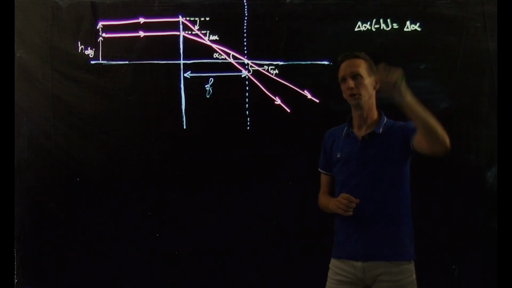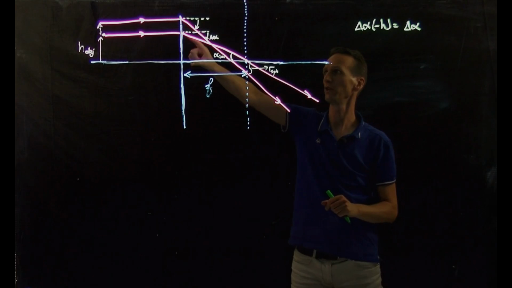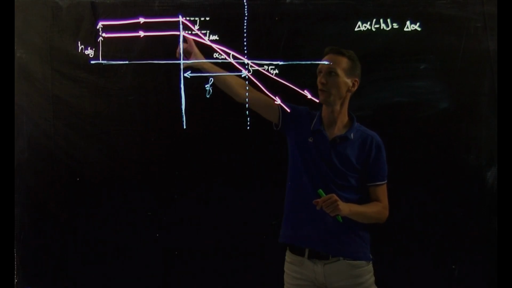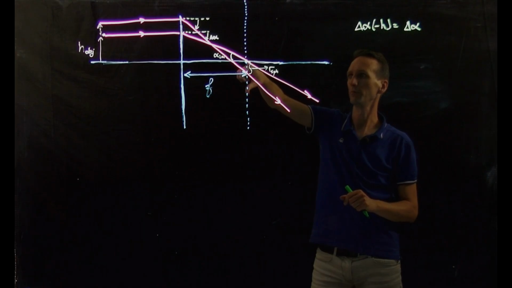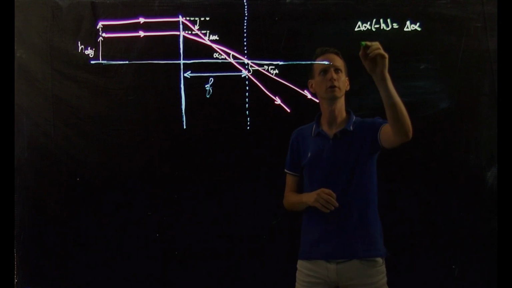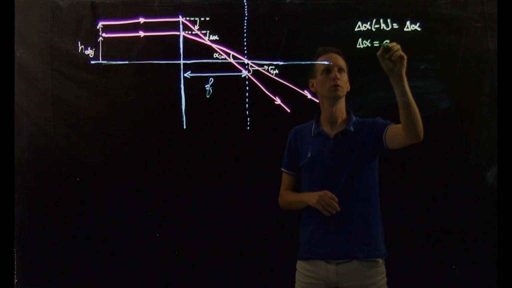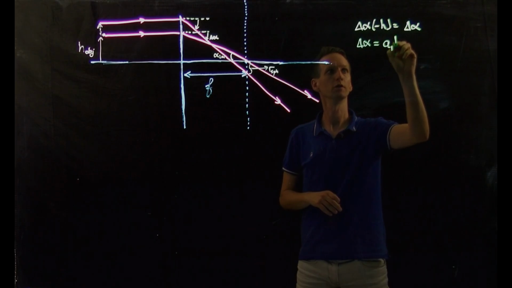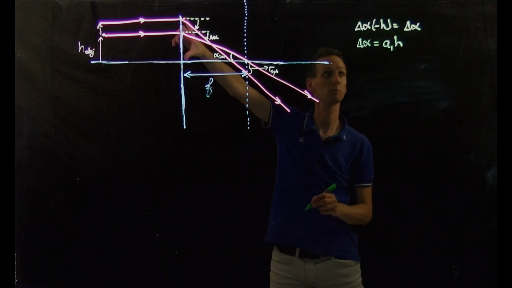In addition to the equation here, we can see that the action of the lens should also be such that a ray hitting the lens plane further away from the optical axis should be deflected more, so that both rays travel through the same focal distance. Ideally, this behavior should be linear, so delta alpha should be equal to a constant factor times the height at which the ray hits the lens plane.